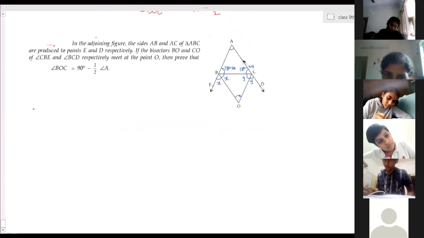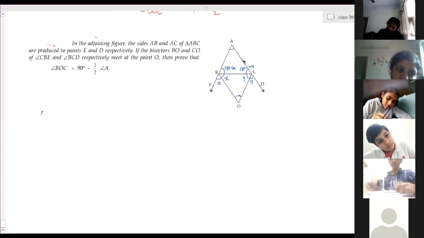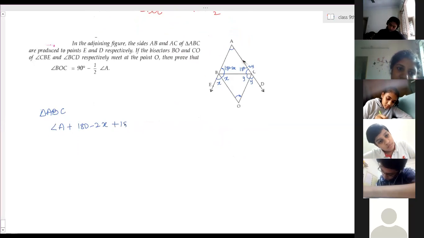So what is the angle A? Upper triangle, in triangle ABC, angle A plus 180 minus 2x plus 180 minus 2y is equal to 180.